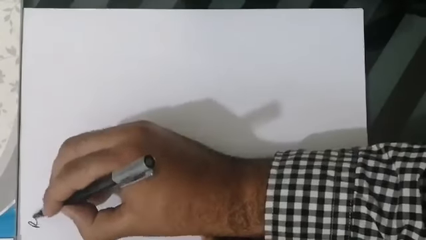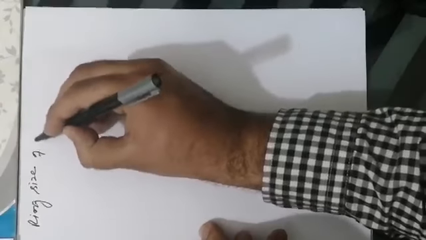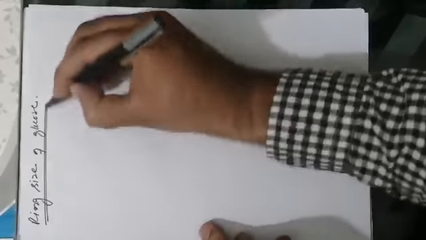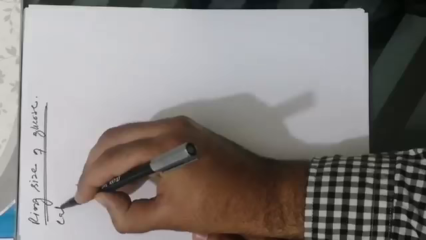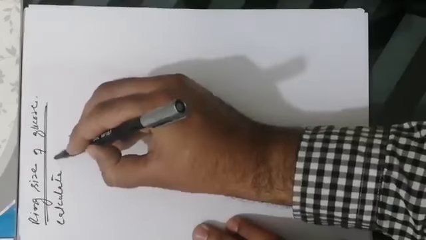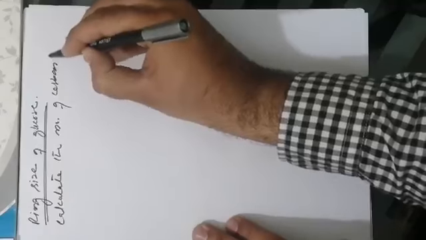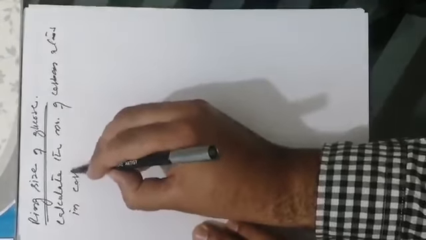So, dear students, this reaction is used to calculate the ring size of glucose. This is used to calculate the number of carbon atoms in a compound, in carbohydrates.